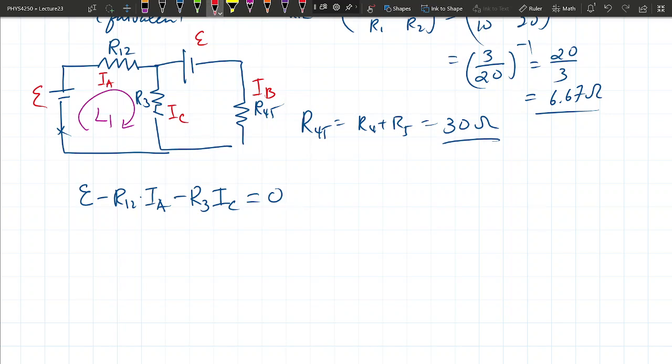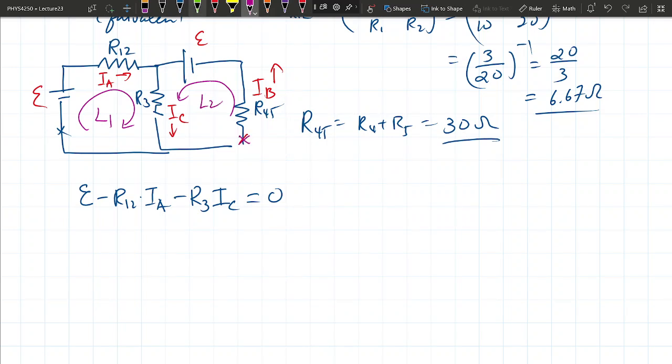So I'm going to do loop number 2 also. I'm going to make loop number 2 go this way because I suspect that the current will go that way, and I didn't declare the direction of this current. So that's important. If I'm on loop number 2 and I start off at this point, let's do that in purple also.